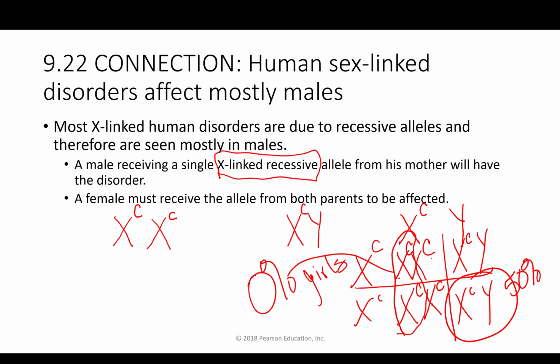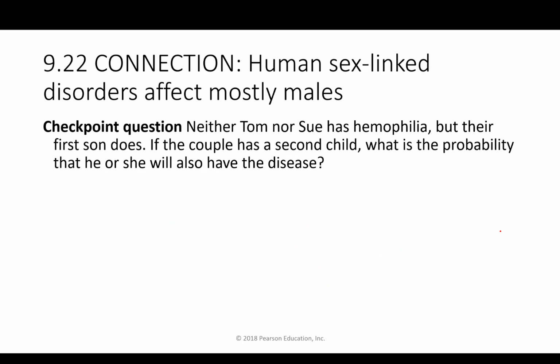In this case, you have a 100% chance of not having a colorblind female, but here you have a 50% chance of having a colorblind male. So when you are doing sex-linked crosses, you need to make sure to include the percentage of males and the percentage of females.